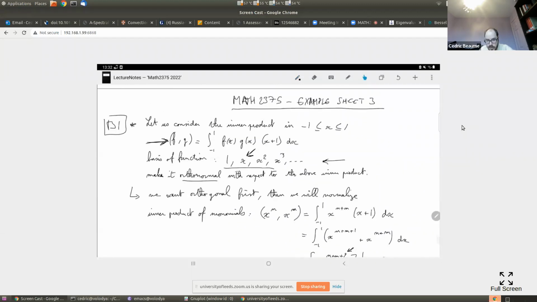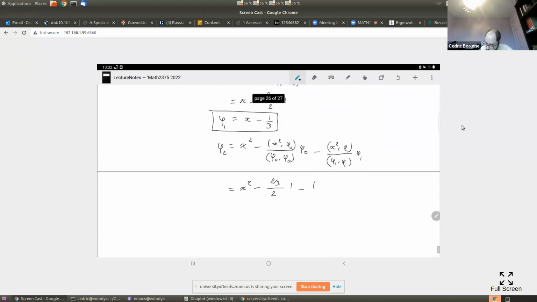So f plus h with g is f with g plus h with g, okay? So what we get here is x squared, and phi 1 was x minus 1/3. Let me just decompose that more slowly.